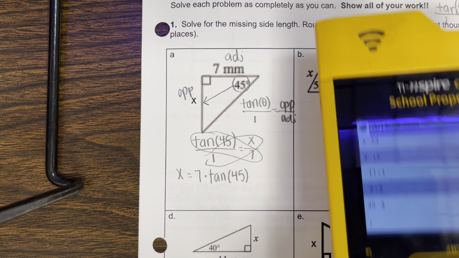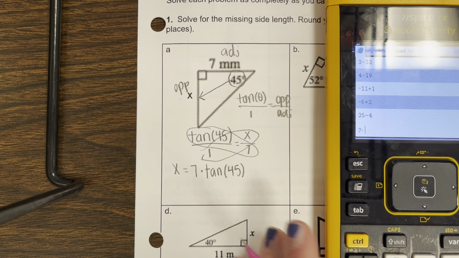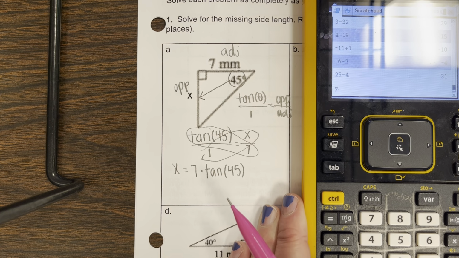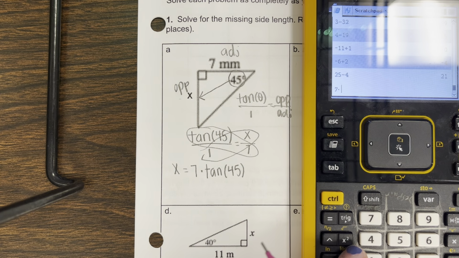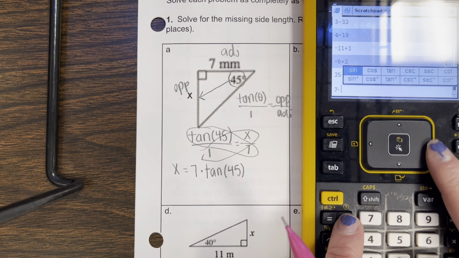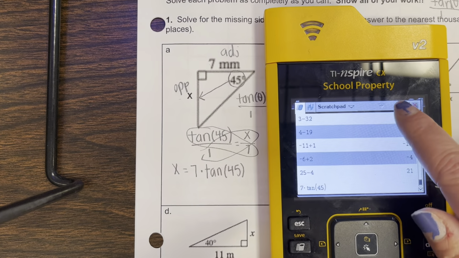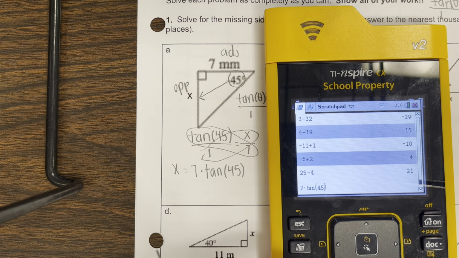So we're going to do 7 times, and then on these calculators, if you push the trig button right here, and then push tangent, and then push 45, just make sure your calculator is in degree mode. They should already be set up that way.